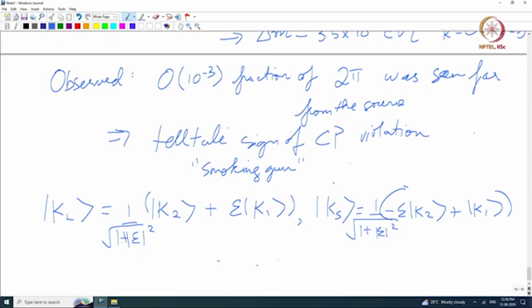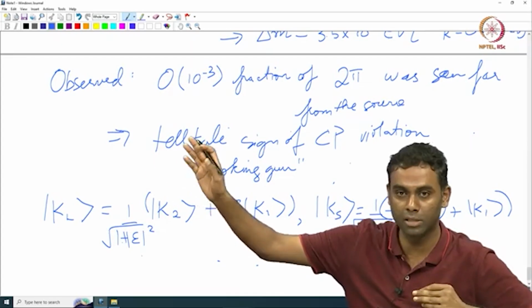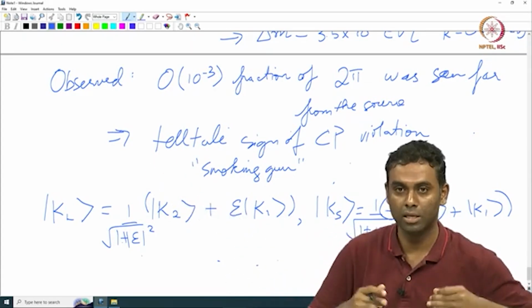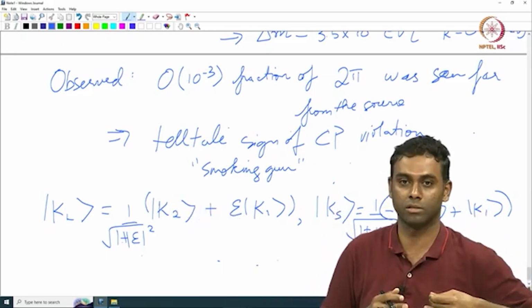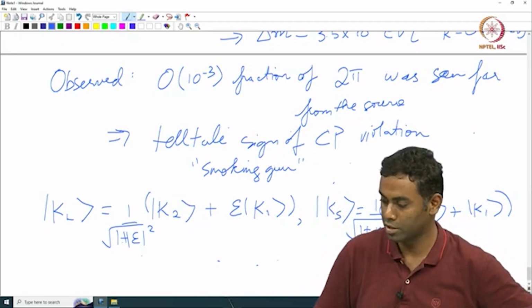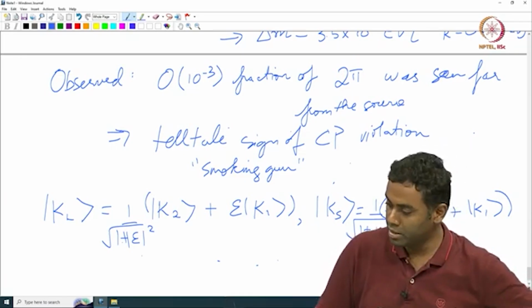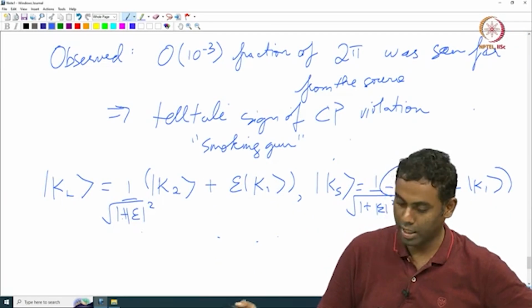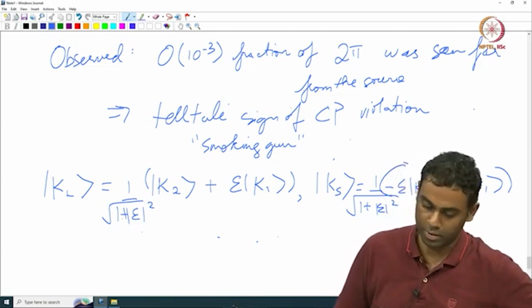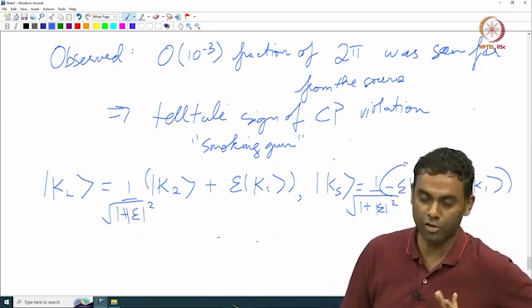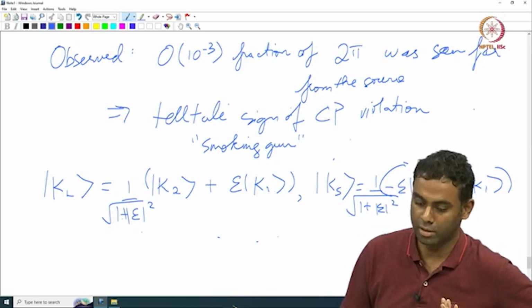The one that goes far away and decays to 3 pions and some 2 pions, and the one that is short lived and decays to 2 pions, and a bit of 3 pions as well, right? If you parameterize it this way, it gives you a nice parameter epsilon to characterize CP violation in a measurable way.